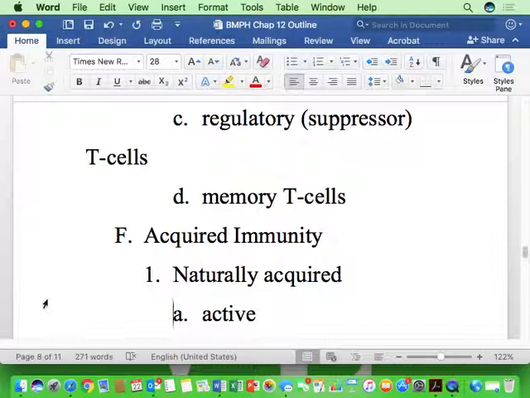So basically, the first time you come in contact with something you have not been in contact with before, a pathogen, an antigen, what does your body do? It builds memory. And so you have acquired an immunity to whatever that antigen is.